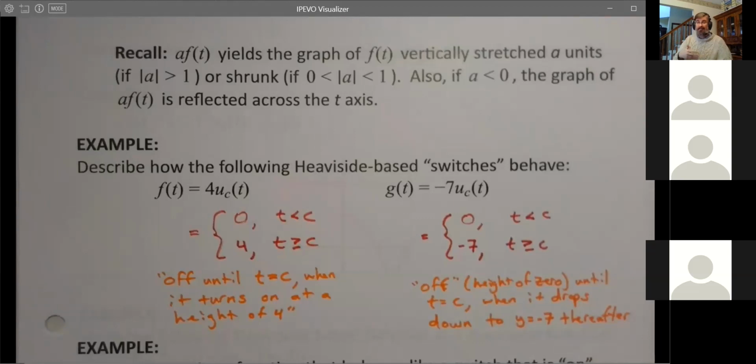Those of you who have done any kind of computer programming might have a sense of how this could be useful. A function that allows you to go from 0 to 1 is a function that allows you to create binary. A function that allows you to go from off to on is a function that models a switch, literally a switch in a circuit, right? Electric field is off, electric field is on.